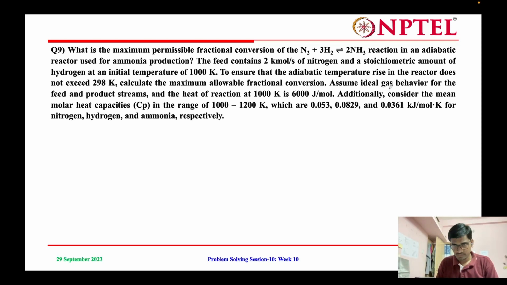Assume ideal gas behavior for the feed and product stream, and the heat of reaction at 1000 Kelvin is 6000 joule per mole. Consider the mean molar heat capacity Cp in the range 1000 to 1200 Kelvin as 0.053, 0.0829, and 0.0361 kilojoule per mole per Kelvin for nitrogen, hydrogen, and ammonia respectively.